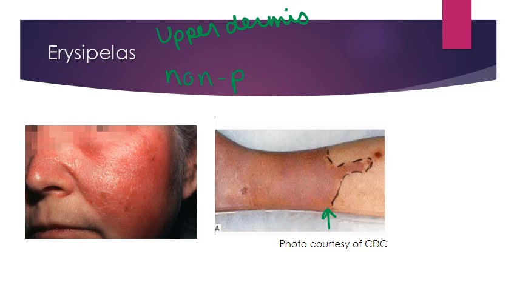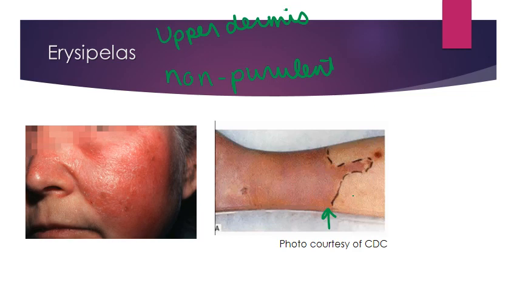You're not going to see pus typically. Patients in this case, though, tend to have a more acute onset of symptoms with systemic manifestations, including fever and chills, occurring typically at about the same time as their rash. Typically, there's a very clear demarcation between the uninvolved and the involved skin, as you can see here.